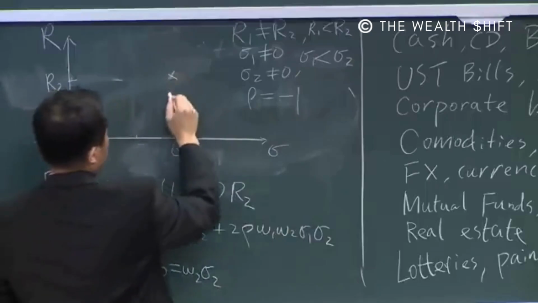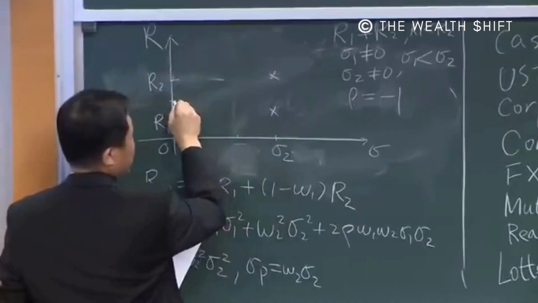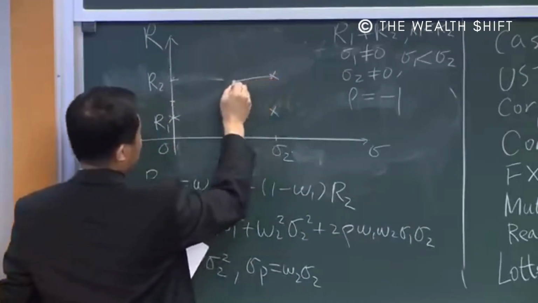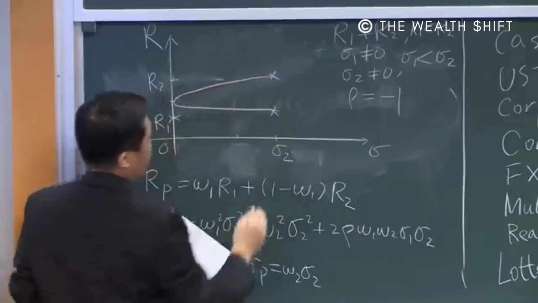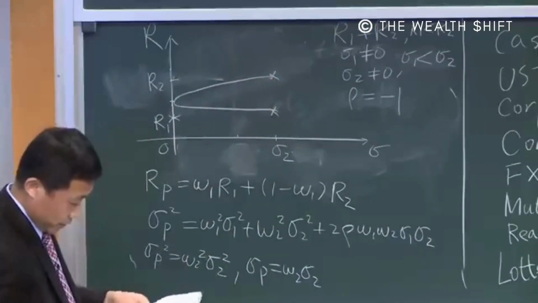So you have asset 1, asset 2, and as we know, when you pick half and half, this goes to 0. So this is a quadratic function. You can verify and prove it later.